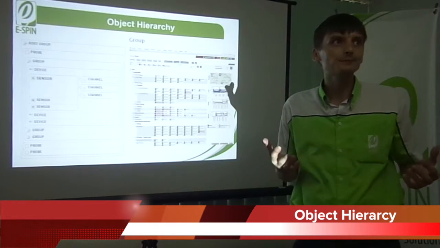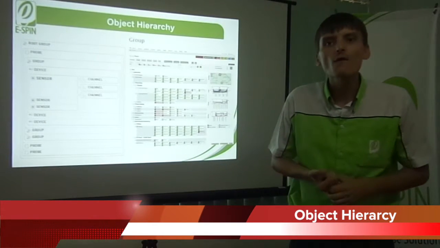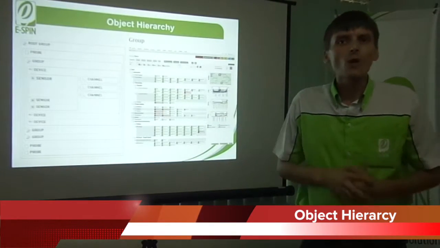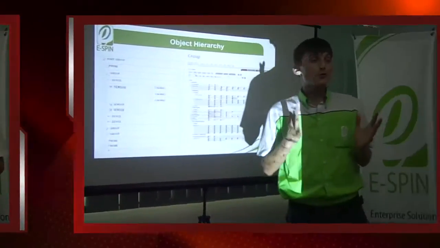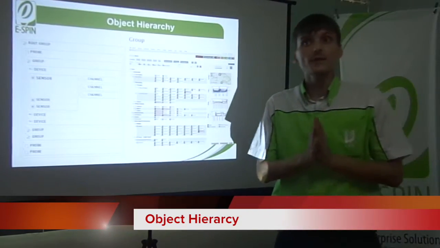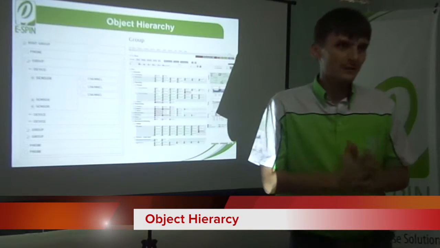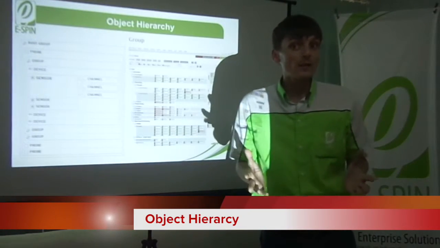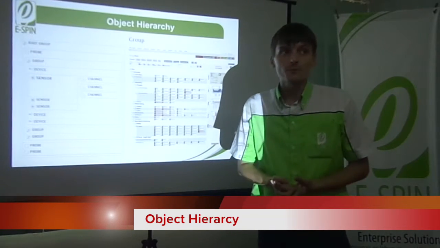For example, settings of the root group apply by default to all other objects. So the root group is the topmost instance in PRTG monitor. It contains all other objects in your setup.